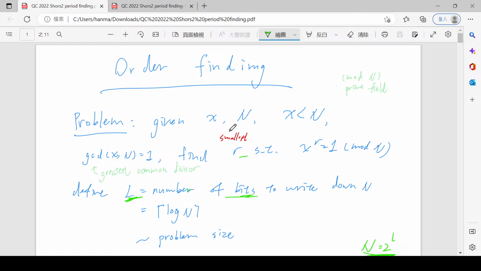Then we use phase estimation to give a factoring algorithm. The core part of Shor's factoring algorithm is the order finding problem.